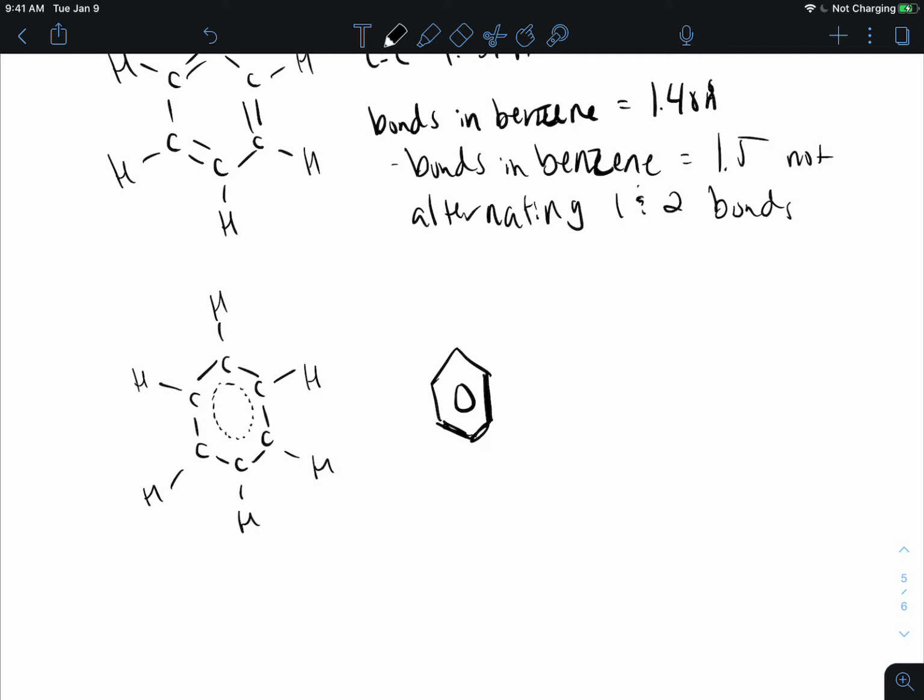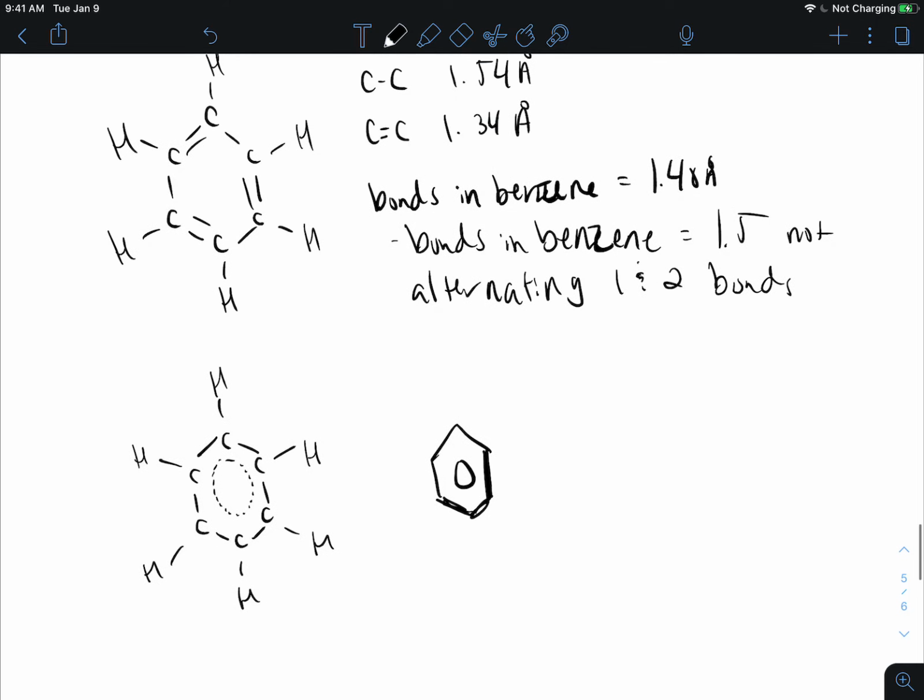But this is a perfect example of a structure that is very stable because of resonance. So it has two different resonance forms, and then the delocalization, these three pairs of electrons we see here, are delocalized amongst 6 atoms. So that really stabilizes that structure.